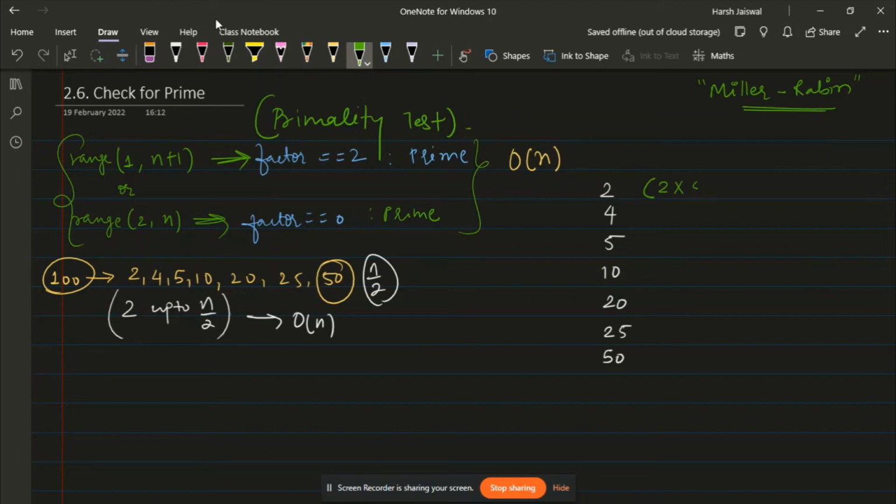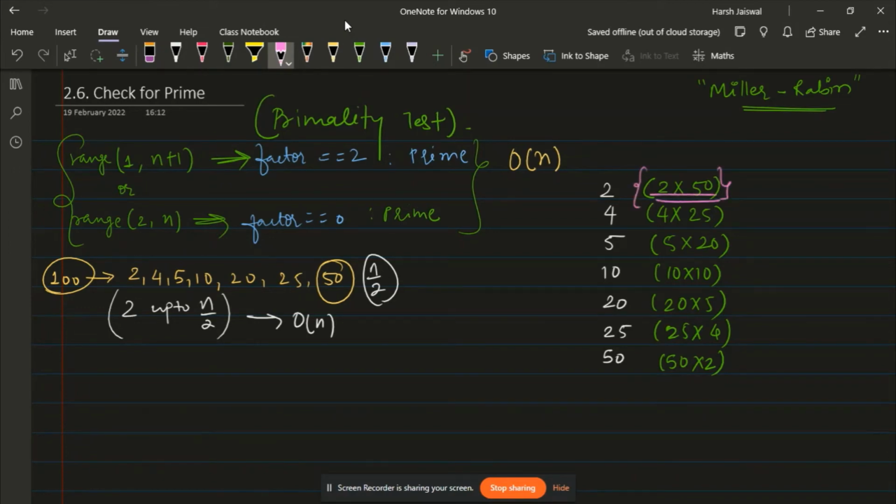We can write 2 into 50, similarly 4 into 25, then 5 into 20, 10 into 10, 20 into 5, 25 into 4, and 50 into 2. These are all the multiples that make 100. What you can observe here is that we are getting repetition. 20 and 50 are repeating.